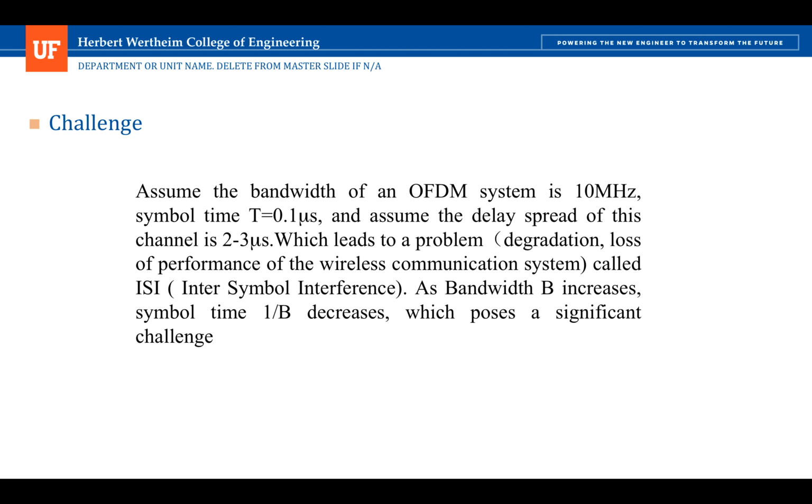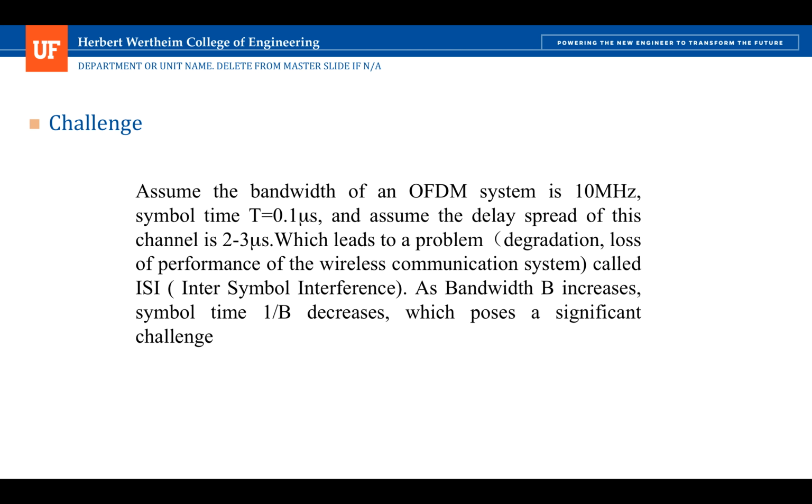That problem is called ISI, that is inter-symbol interference. As bandwidth B increases, symbol time 1 divided by B decreases, which poses a significant challenge in a broadband wireless system.